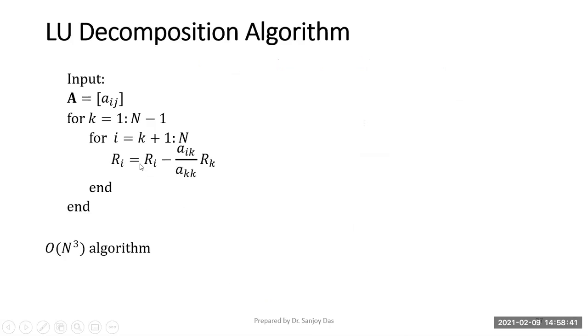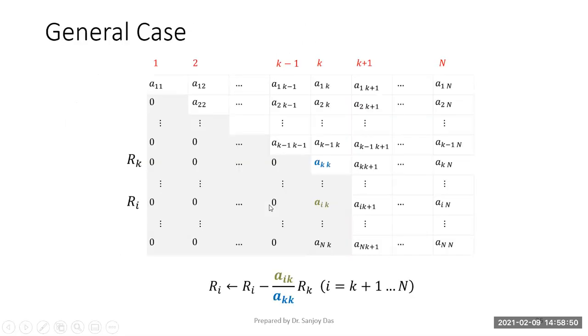That puts me in a position to write down the LU decomposition algorithm. This is only part of it, though. This is not the full LU decomposition algorithm. So another thing, now let's say this is row I, and this is row K. Using row K, I'm going to eliminate this A_IK, I'm going to convert this to a 0.